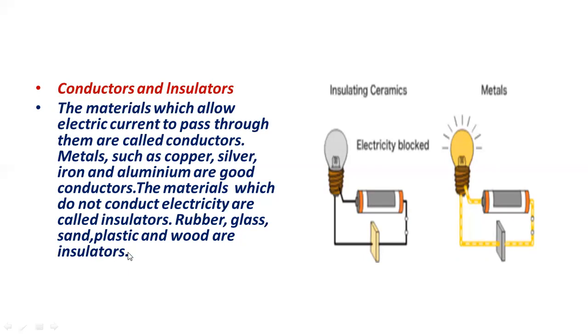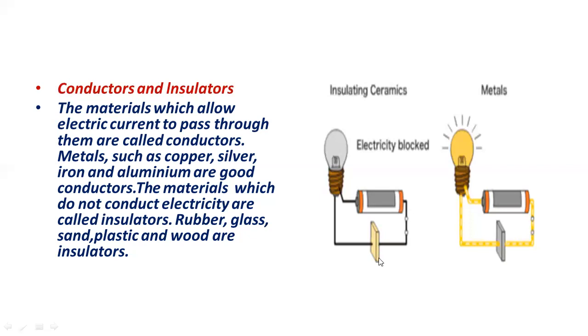What happens if we use a conductor in a circuit? Suppose this is a metallic slab which we are using in a circuit, and in this case we are using a wooden slab, an insulator, or a rubber, glass, or even plastic slab.